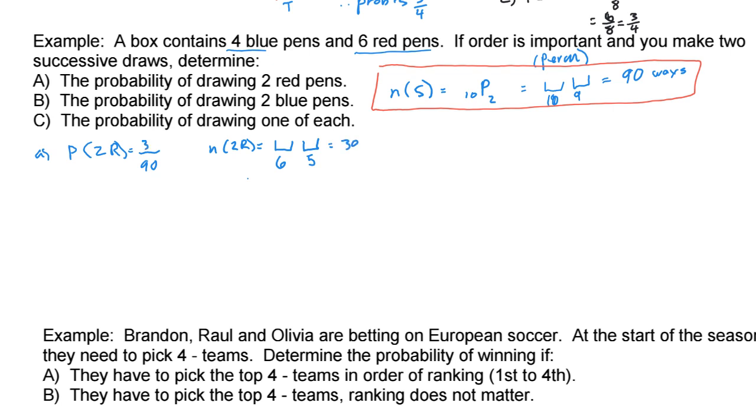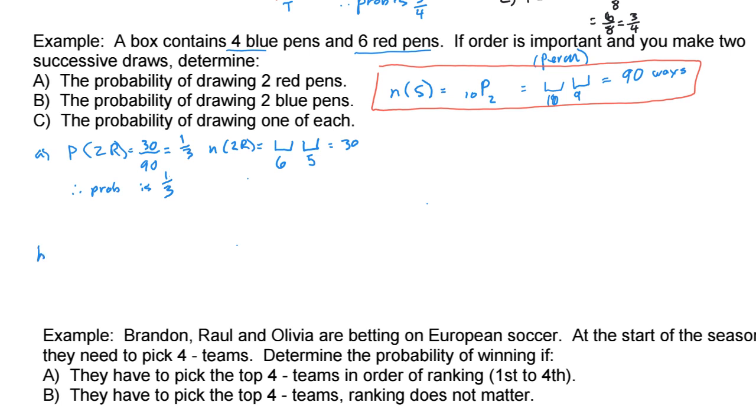So that's 30 over 90, which gives us a final answer of 1/3. And then you would say, therefore, the probability is 1/3. Okay, let's write that properly.